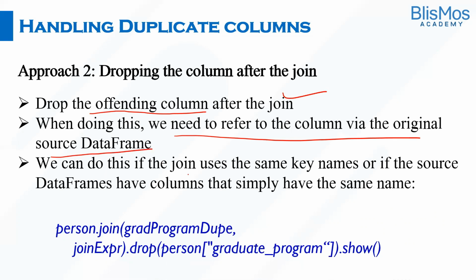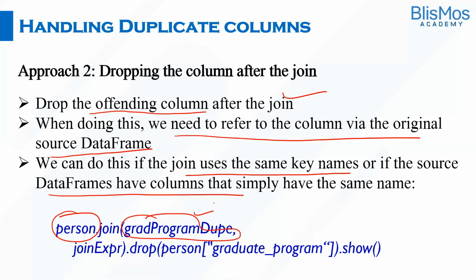We can also do this if the join uses the same key names or if the source data frames have columns that simply have the same name. For example, here we have a person data frame and a graduate duplicate data frame. So, we are dropping one of the columns called graduate program. As I indicated here, we are referring to this column by the original data frame. That way one of the duplicate columns would be dropped in the resultant data frame.